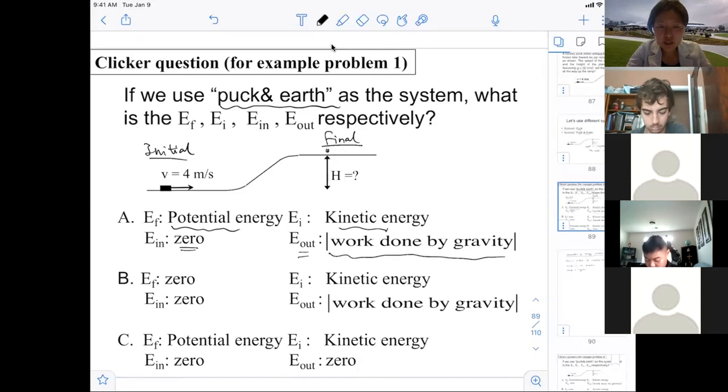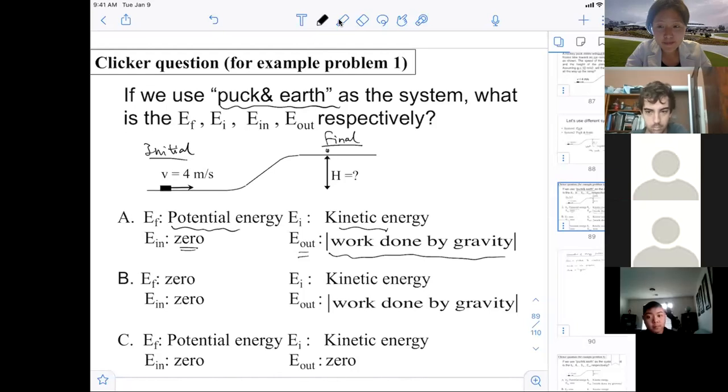So what do you think about the last term, work done by gravity? Should we list that as an energy output if we chose the puck and Earth to be our system? No, because it's not out of the system.